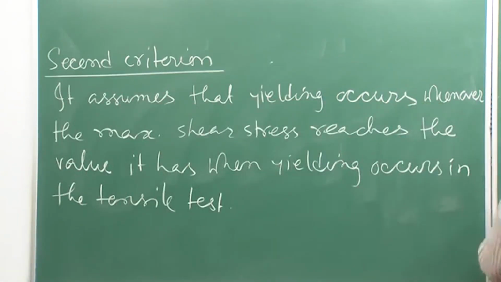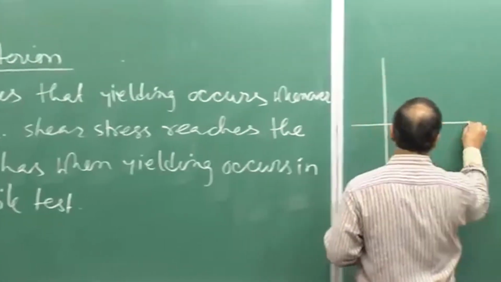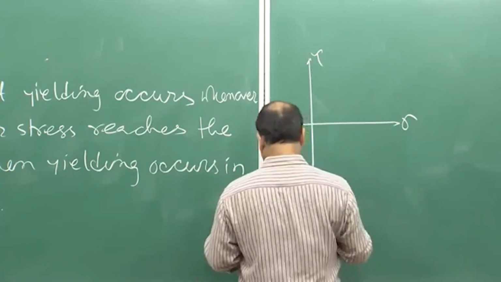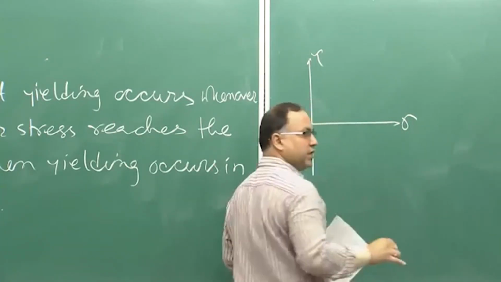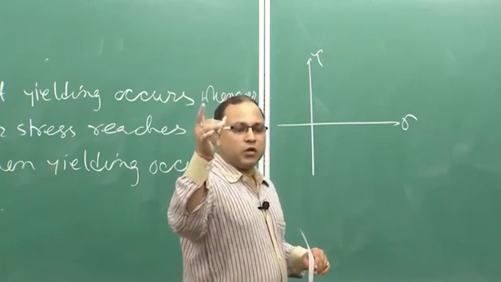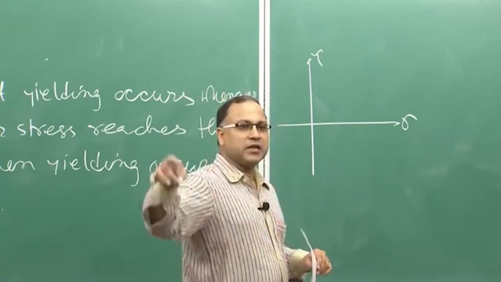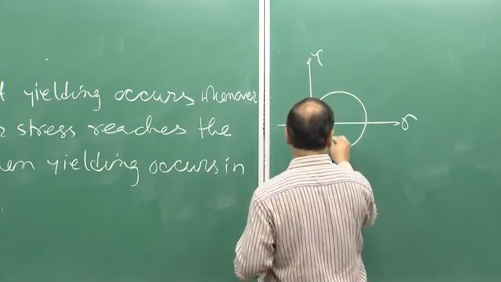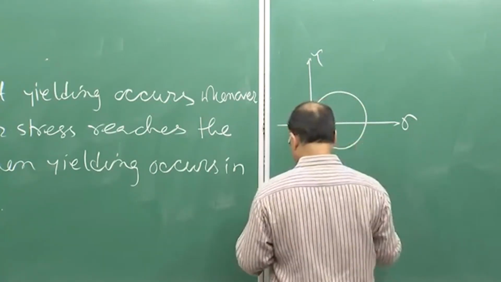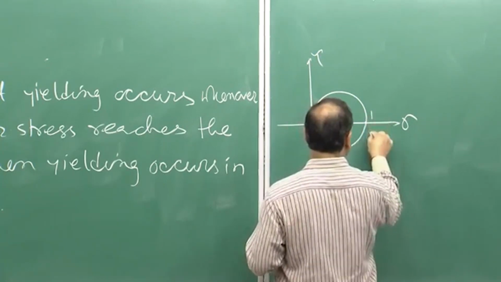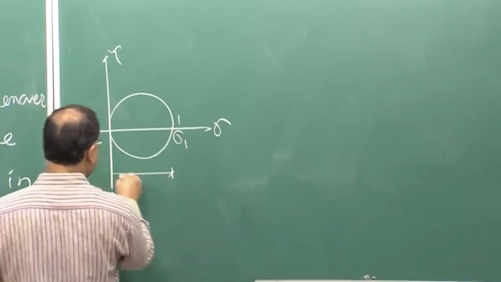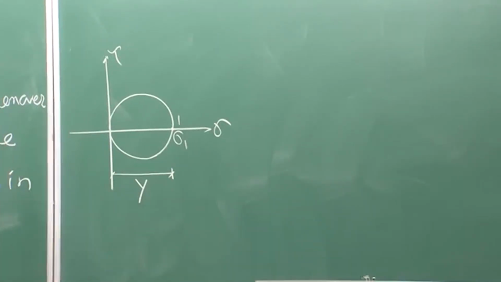So, if you draw the Mohr circle in sigma-tau space, in case of a one-dimensional, simple tensile test, your Mohr circle will look like this, right. This is your point 1 and this is nothing but your sigma 1, and that is nothing but sigma y.